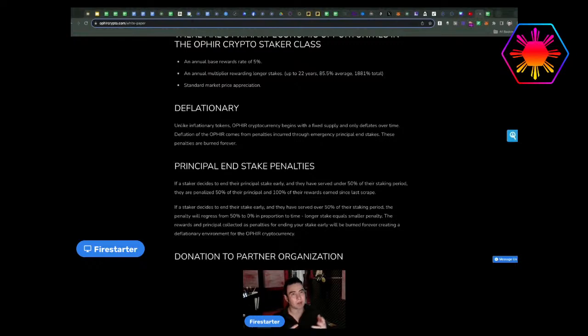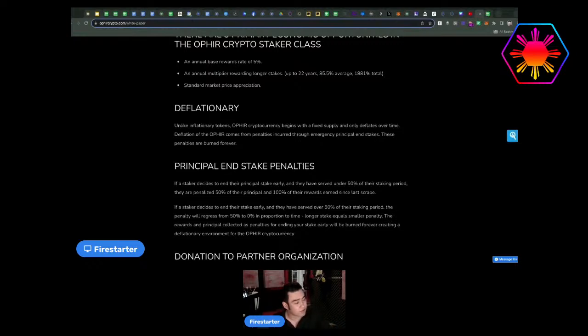So what I mean is, if you set your stake all the way up to, let's say, 10 years, but then on the fifth year, you decide that you want to unstake your principal. So you scrape your interest and then you decide you also want to unstake your principal. What will happen if you unstake? Then you will have penalties if you unstake before the time that you've set.